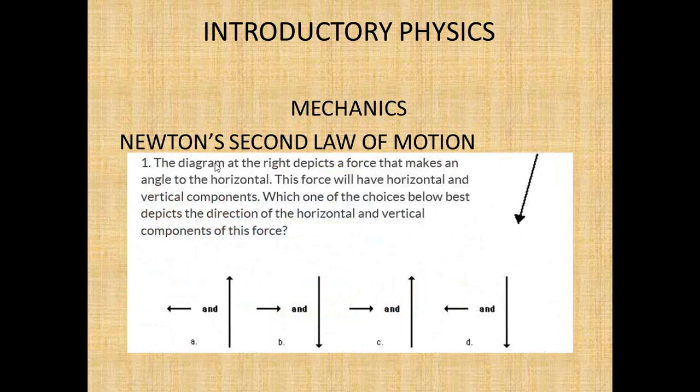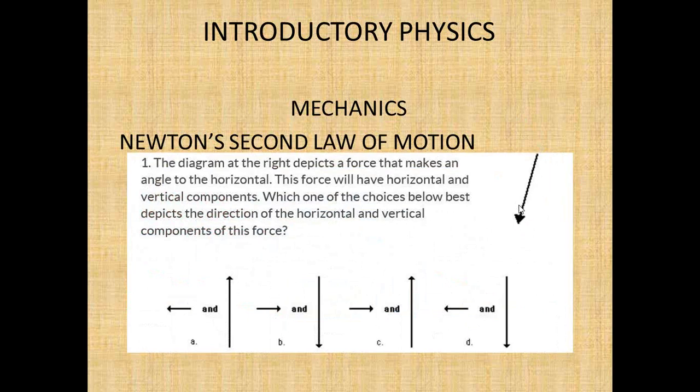It says the diagram depicts a force that makes an angle to the horizontal. Whenever you have a force making an angle to the horizontal, you have to resolve the force into its horizontal component and its vertical component, because this is what you call the net force.